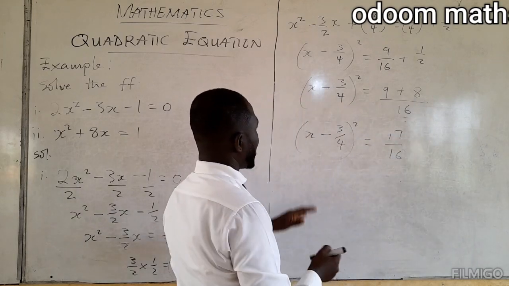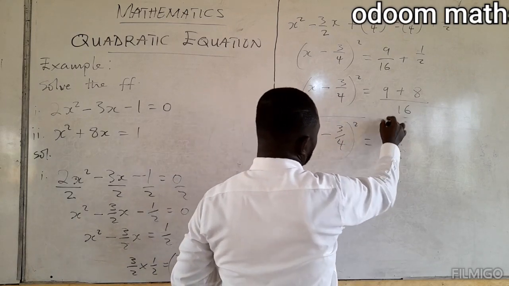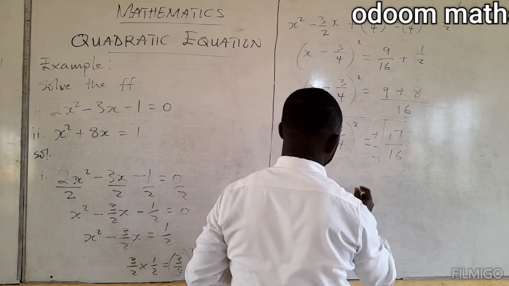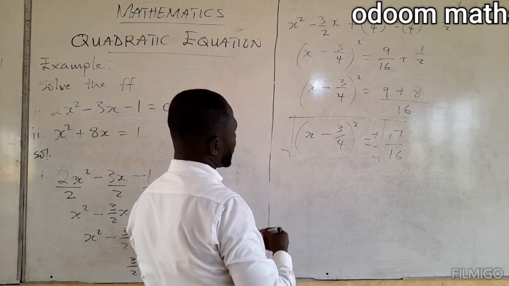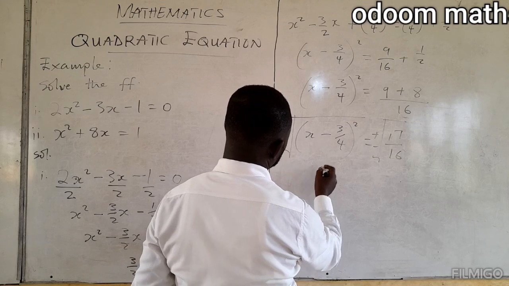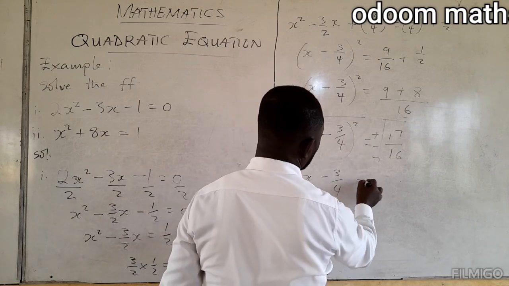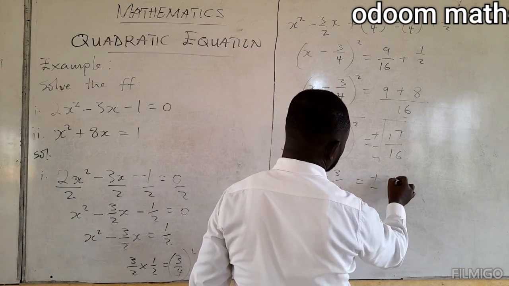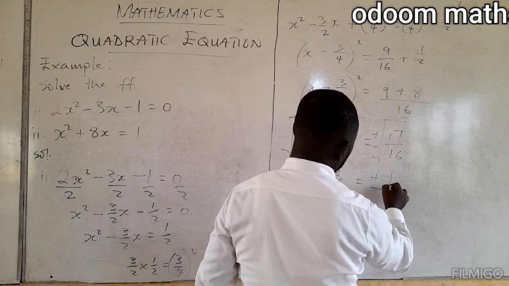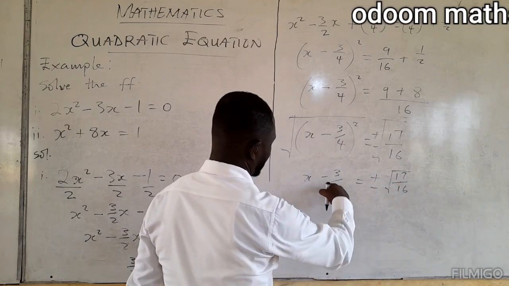Now I need to remove the square by taking the square root on both sides. So x minus 3 over 4 equals plus and minus the root of 17 over 16. Let me move this to that side.